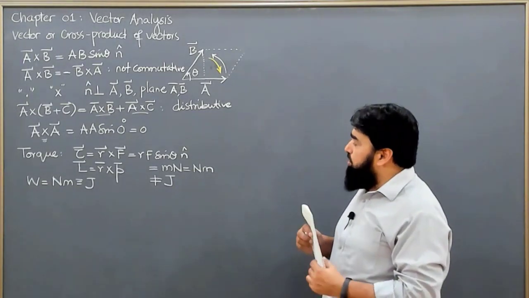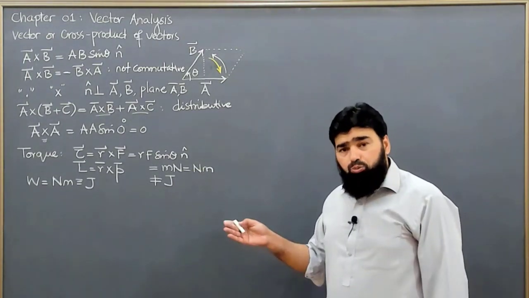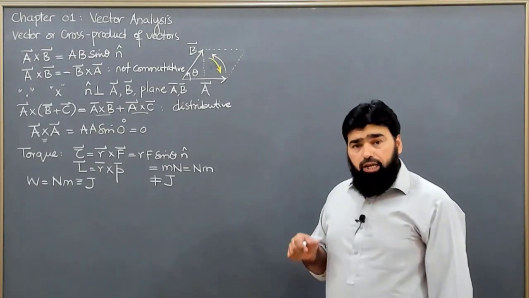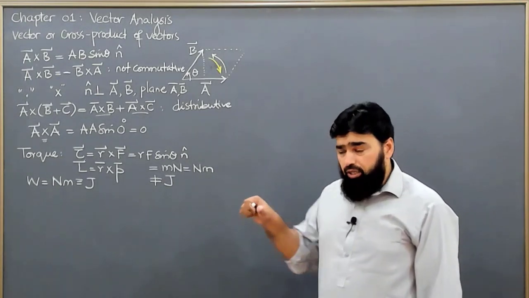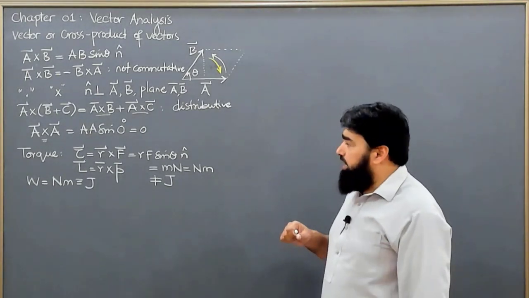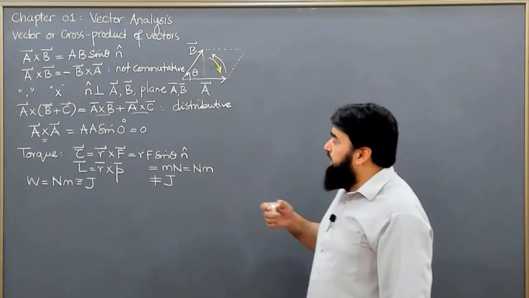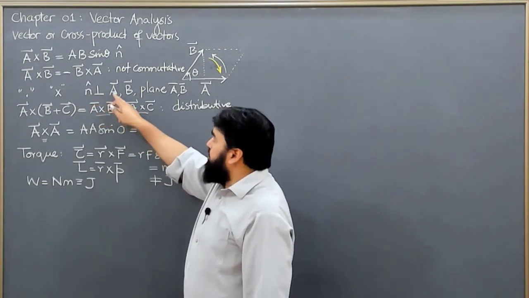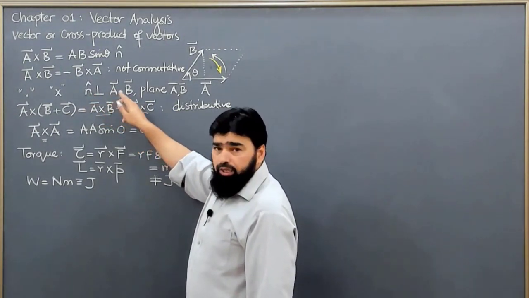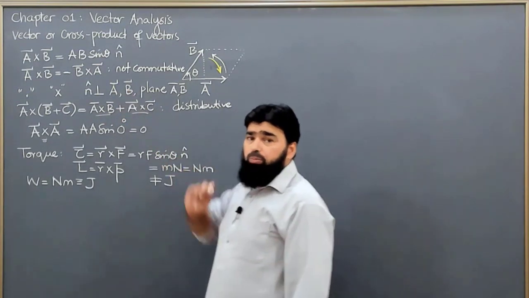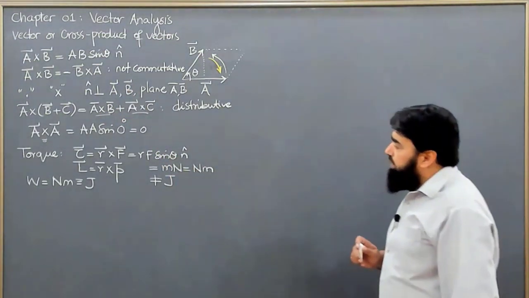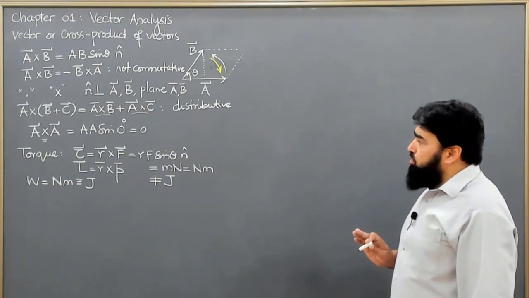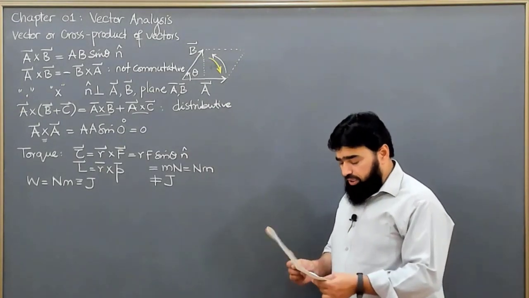In this product, we have the sweeping of one vector along the other vector. So it will always make an area, and that area will have either an outward or inward direction, perpendicular to both vectors and to the plane containing those vectors. So this is the story of vector multiplications.